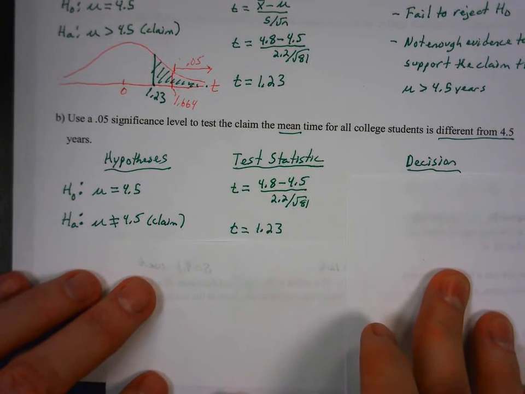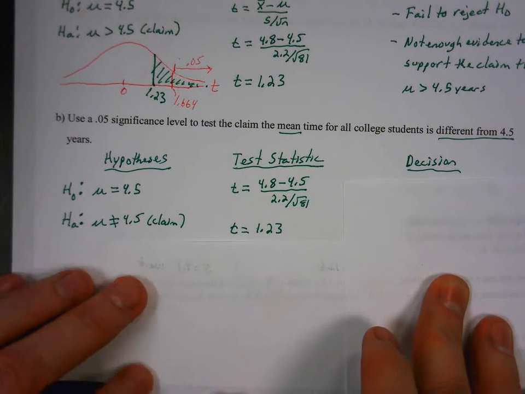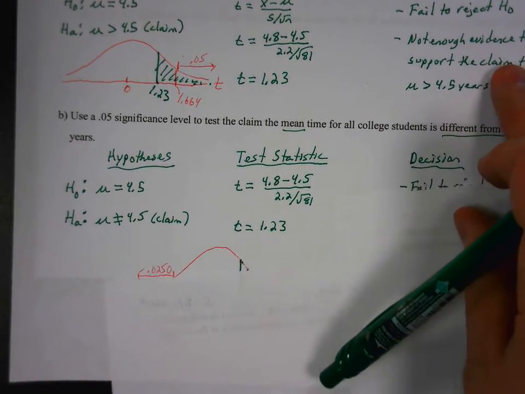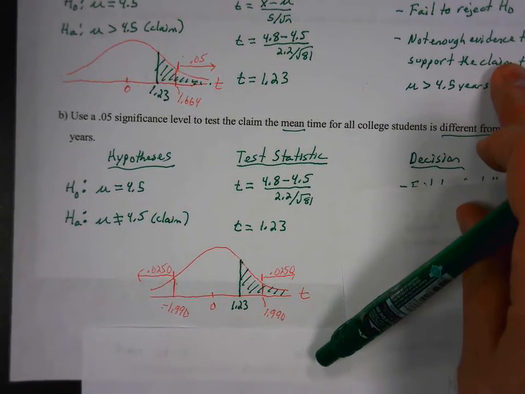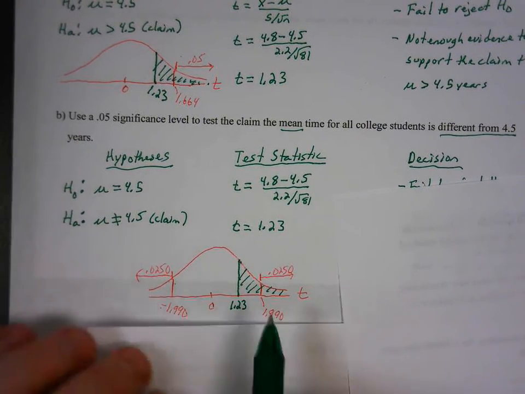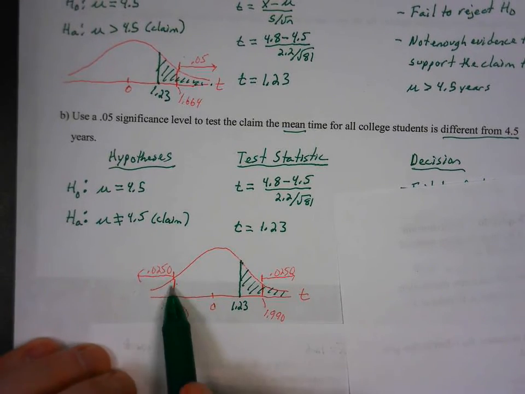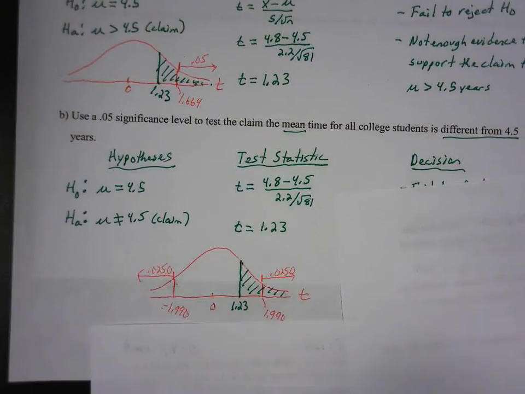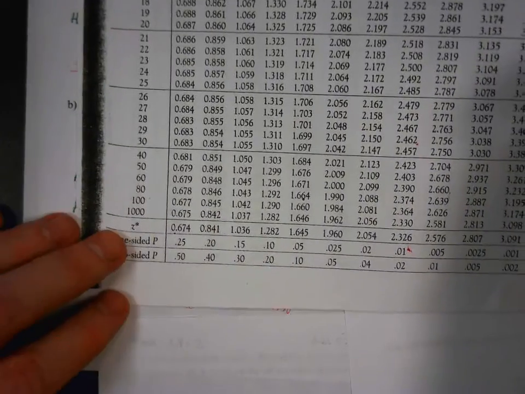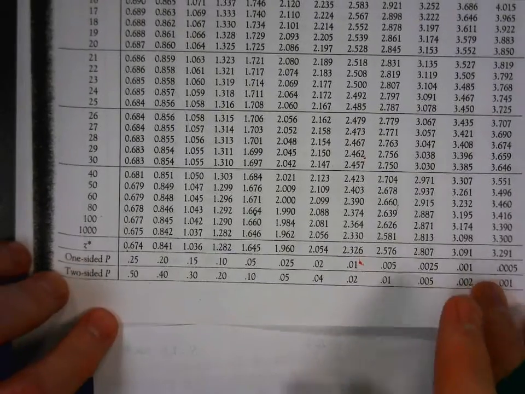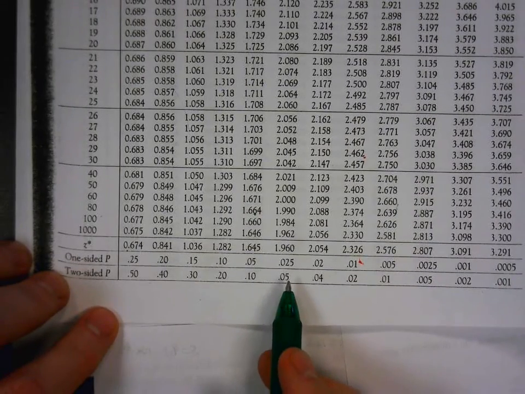But now when we make our decision, just like with the other hypothesis test, the not equals to means that we're shading on both sides of the distribution. So we're looking at area to the right and to the left, a two-sided P. In our t distribution, a two-sided P has 5% because alpha is 0.05.